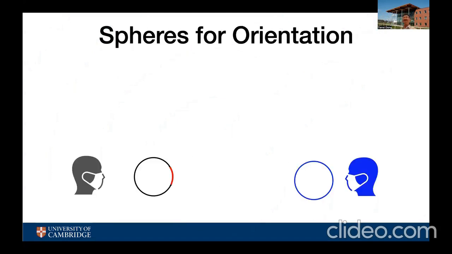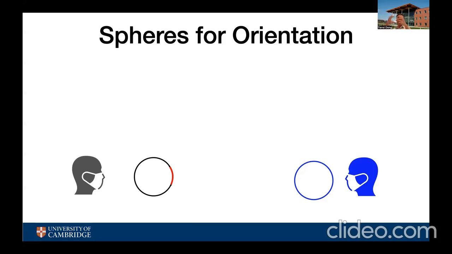Now, orientation. How to explain I'm in front of you? There's no compass. I'm in front of you probably means I'm not in the backside of you, which means I'm closer to your front side than your backside.